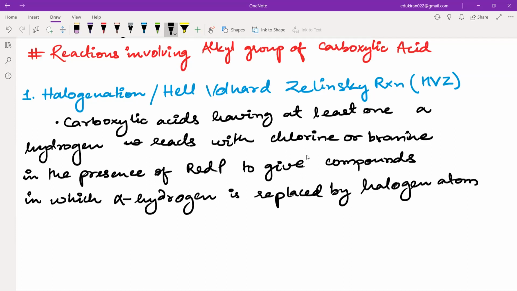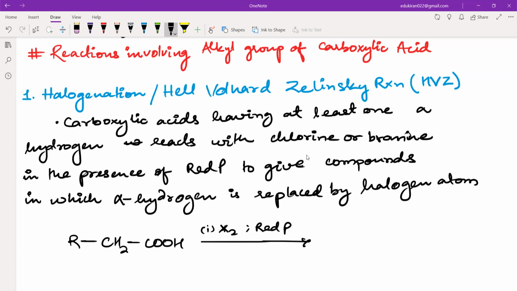So if you have R CH2 COOH, and you react this first of all with X2 in the presence of red phosphorus. The second step, you need to hydrolyze this, that means give some water. So what is going to happen?